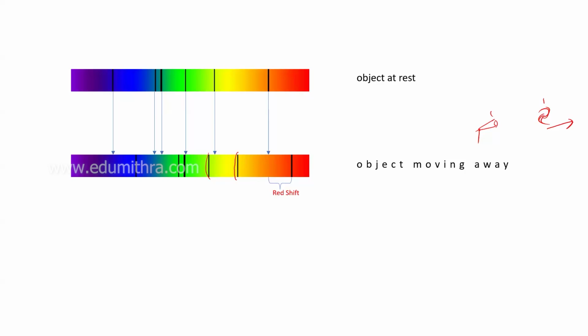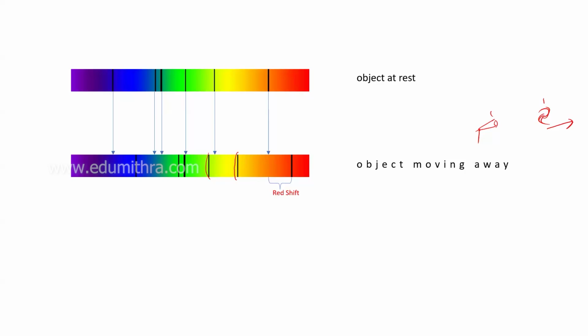In the case of sound, that shift in frequency appears as a shift in pitch, and in the case of light, frequency means the color. So a shift in frequency means there will be a shift in color.